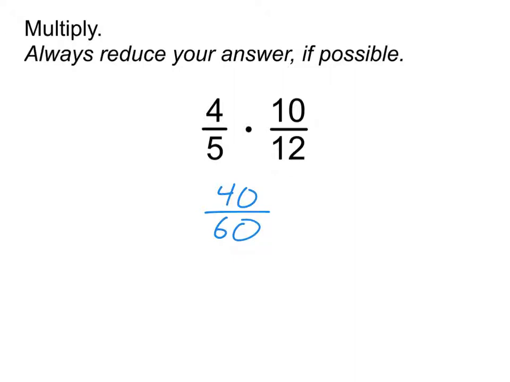Okay, now we got to reduce. Now when reducing this, most people will do this in 2 steps. As I look at this, the fact they both end in 0 tells me really quickly that I can divide both top and bottom by 10. So that would give you 4/6, but notice 4/6 can still be reduced even more because both of them are even. And anytime they're even, I can divide them both by 2.